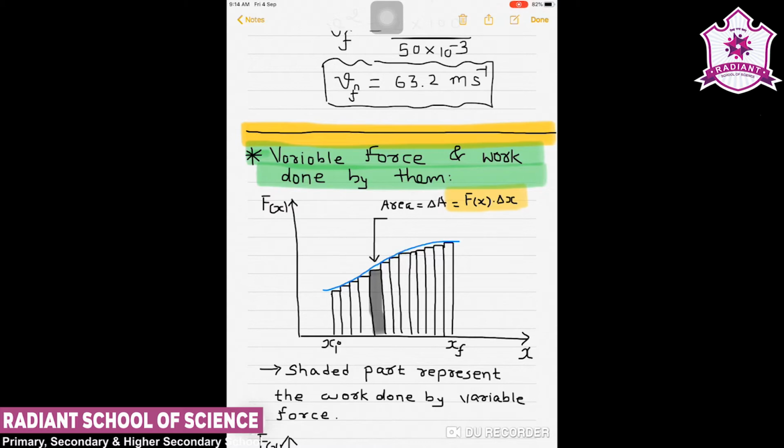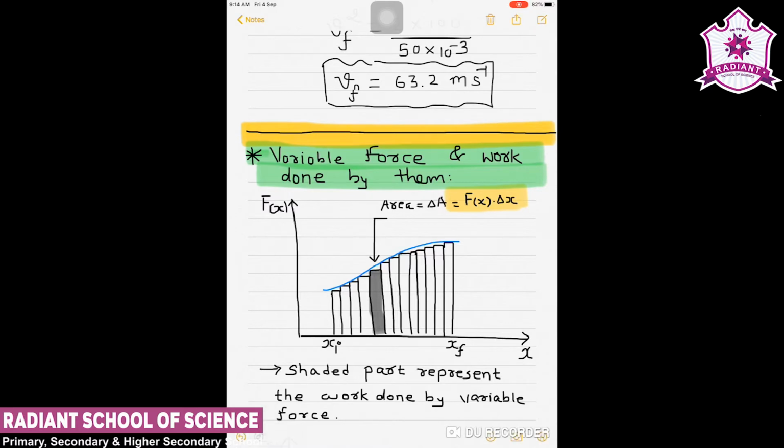Now if we add all these successive rectangular areas, we get the total work done, that can be represented as the whole graph that is shown in the next figure.